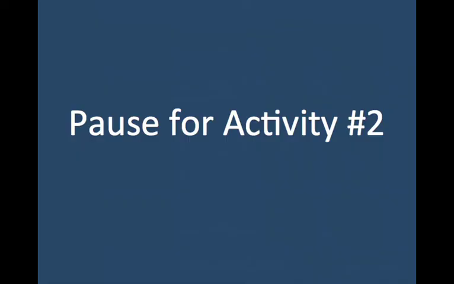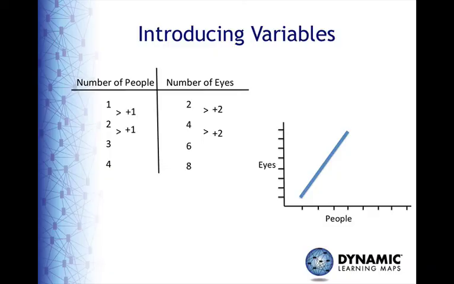Pause for Activity 2. As students gain understanding of rates and functions, we need to help them move from language descriptors such as the number of people and the number of eyes to more mathematical descriptors, where P represents the number of people and E represents the number of eyes. In this way, we are using language descriptors as a foundation for developing mathematical language.